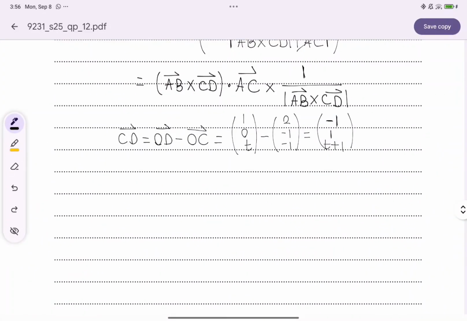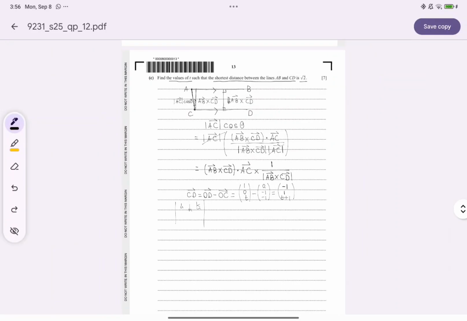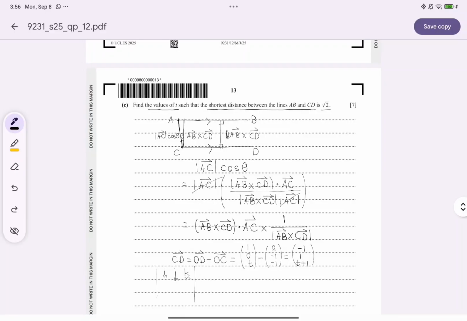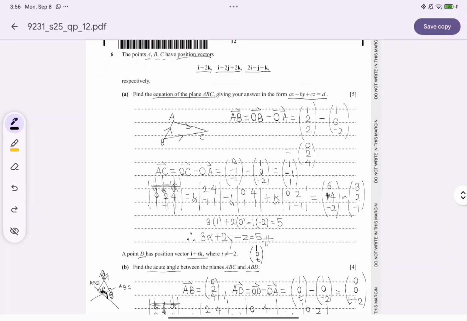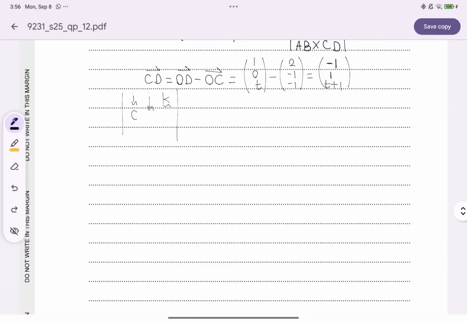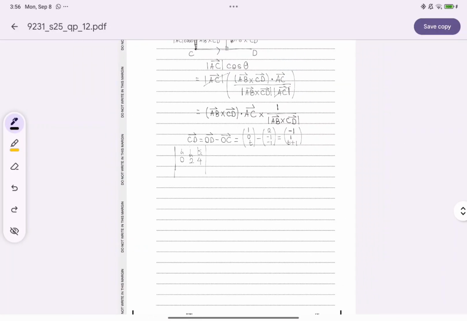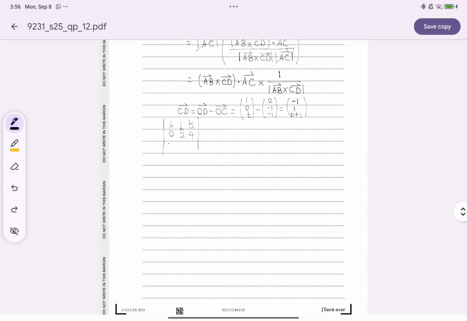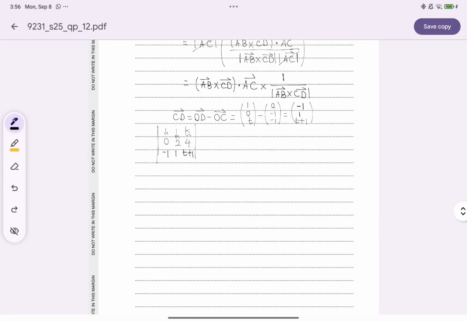Okay, now let's find the common perpendicular. IJK, ABC. So AB is 0, 2, 4, and CD is minus 1, 1, T plus 1.